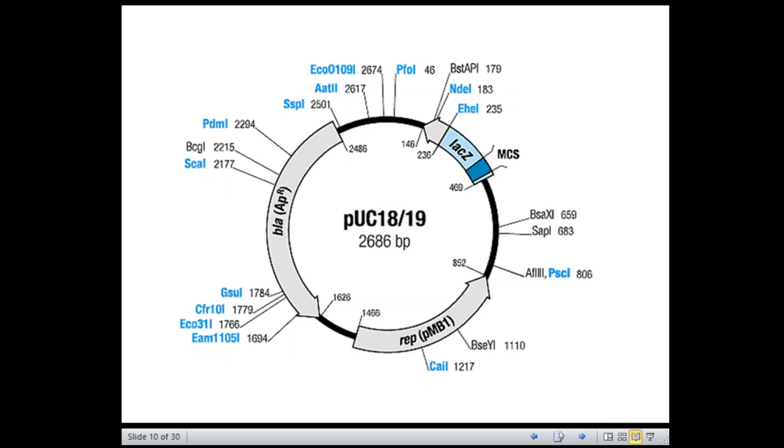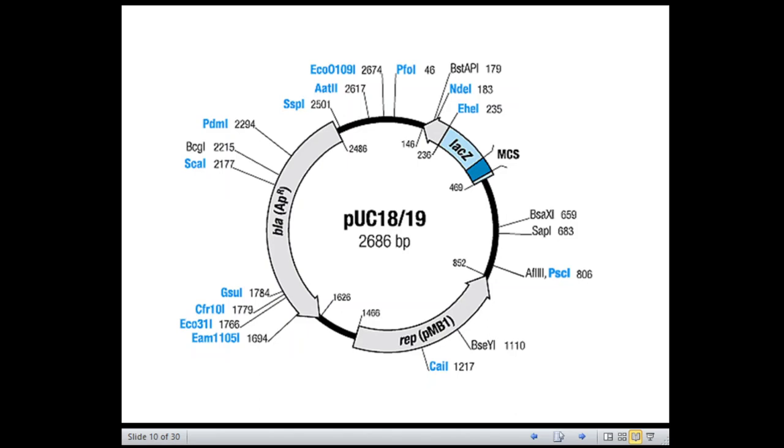If you carefully observe, there is an antibiotic resistance gene for ampicillin and origin of replication for E. coli. In addition, the most popular restriction sites are concentrated into a region which we term as the multiple cloning site, or MCS.